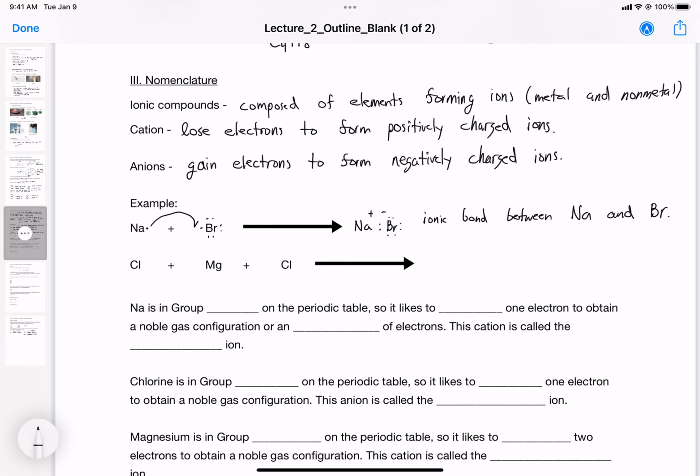So this is what we call electrostatic attraction, or the attraction between oppositely charged ions. All right, now let's do an example where we have more than one valence electron on the metal. So the metal, in this case, is magnesium, Mg. So magnesium has 2 valence electrons. And chlorine, like bromine, has 7 valence electrons.